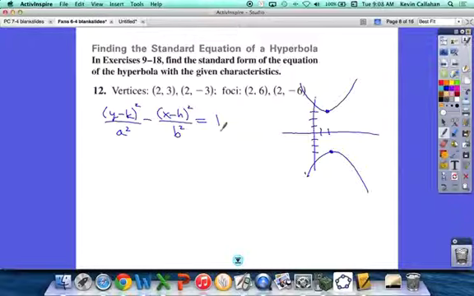The foci are at 2, 6, and 2, negative 6. I don't need to show both of them. I know that this is the a, and this is the b. Oh, that's wrong, isn't it? No, that's correct. What is the center?